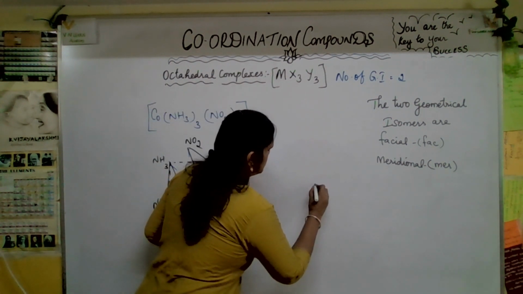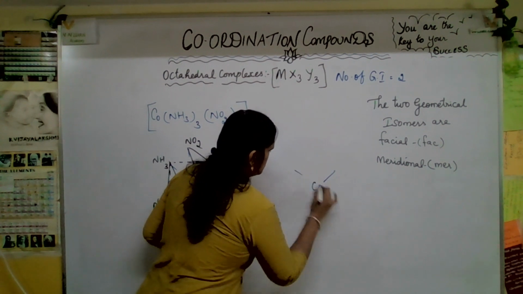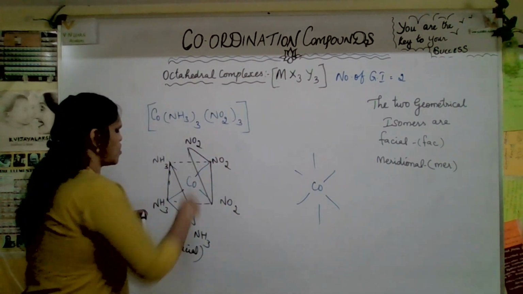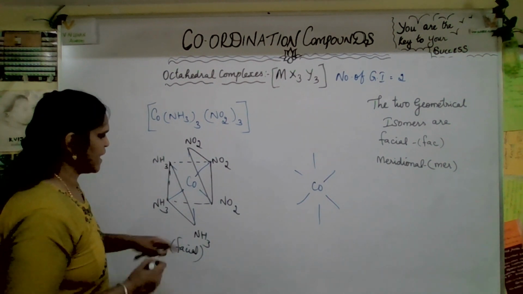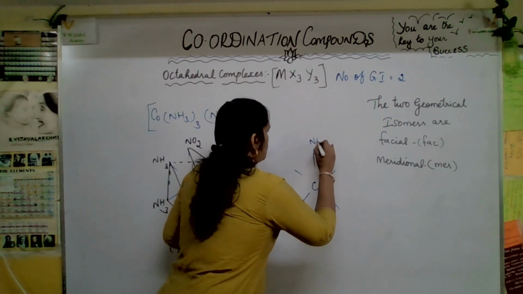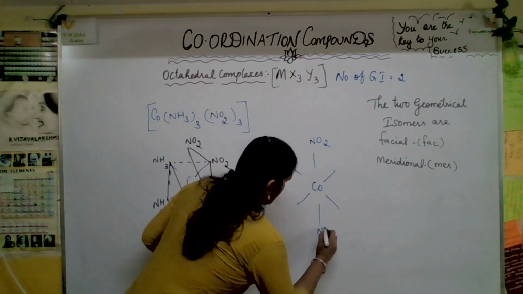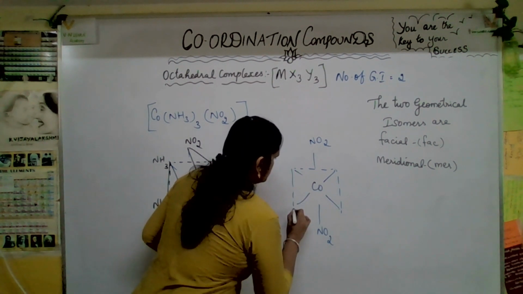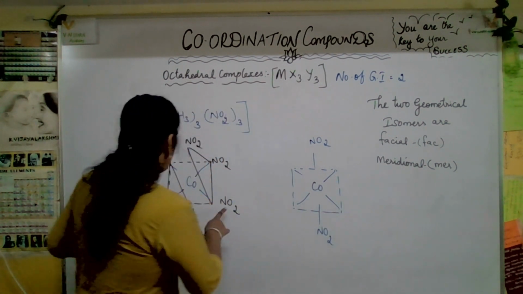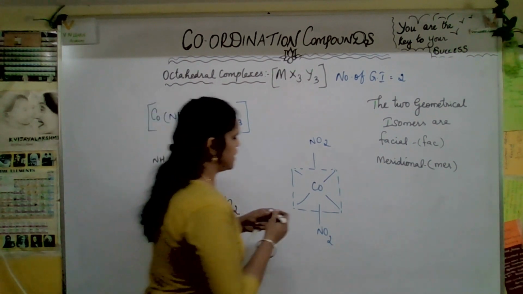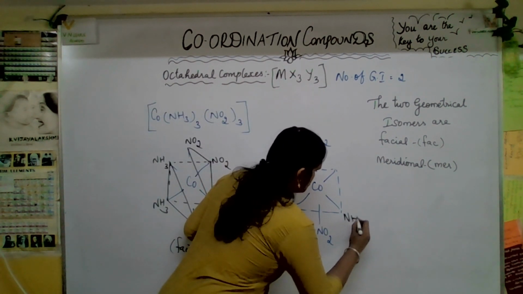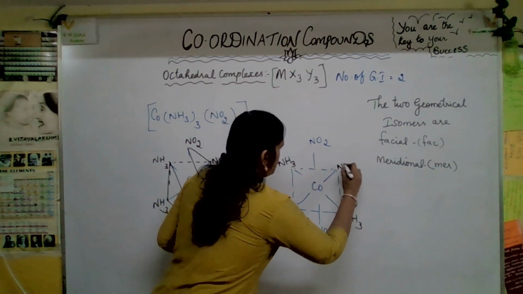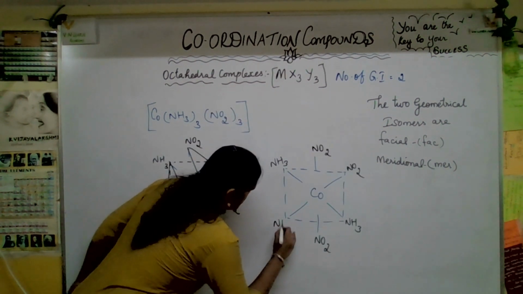What is the central metal atom? Co only here also. Okay, now here just the opposite. Here NO2 NH3. Here NO2 and here also NO2 and here NO2 NH3, here NH3, here NH3 and here NO2 NH3.